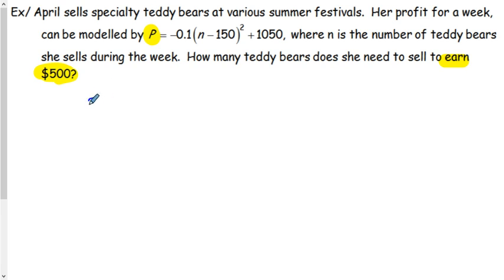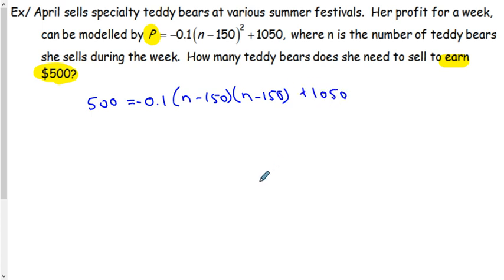So let's do that. We got 500 for our profit equals negative 0.1 times n minus 150 squared. Let's actually write that twice because it's squared, meaning it's multiplied by itself. Okay, so I'm going to subtract that 500 from both sides.